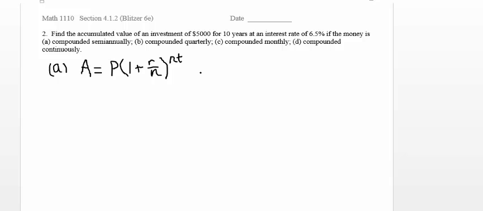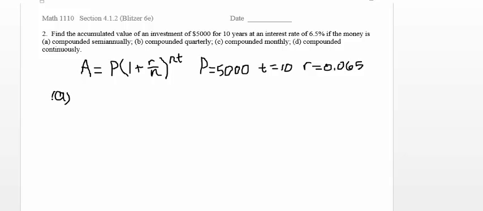So for the first 3 parts of this problem, we use the formula A equals P times 1 plus R over N to the NT, where P is 5,000, T is 10, R is 0.065, and N depends on how many times I'm compounding a year.